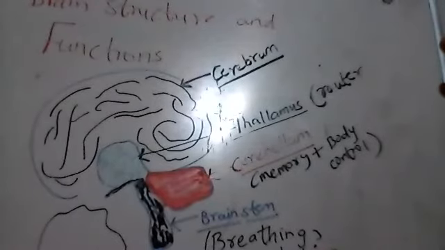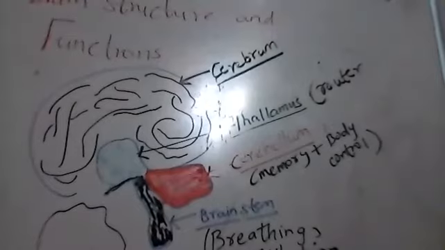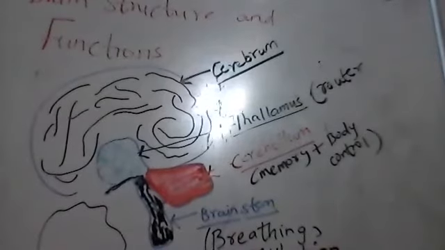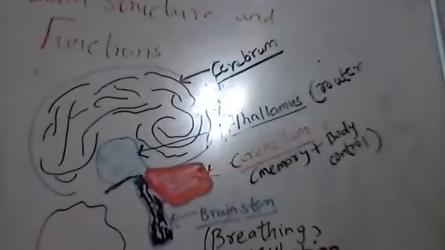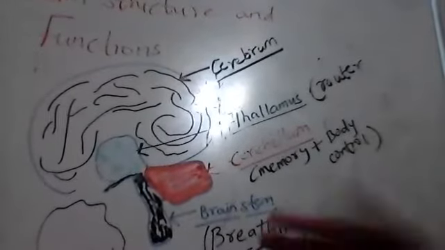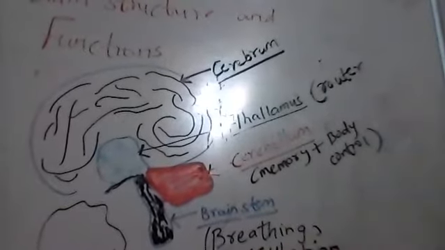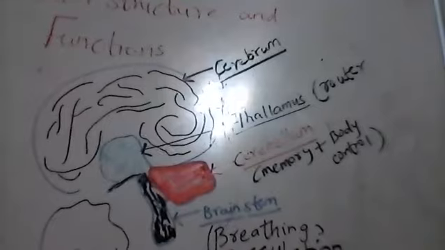Because there is a loss of these nerve cells, the coordination and the nerve signaling is not proper, and so people with Parkinson's have improper coordination, and their hands or body shake. So cerebrum is mainly the piece.